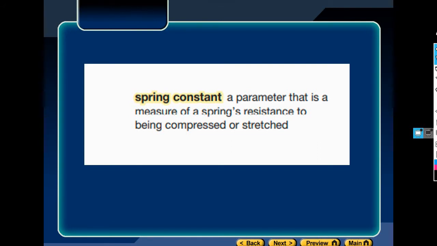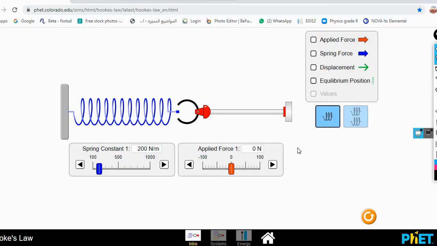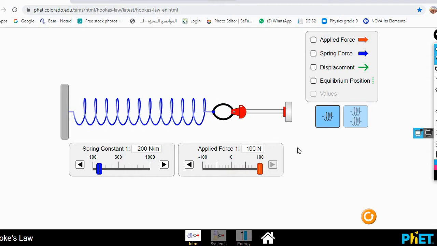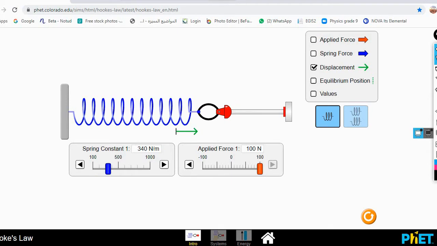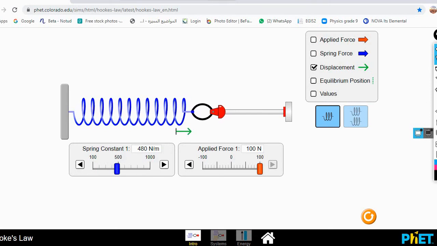Look over this simulation, guys. That is a spring, here is the spring constant, and that is the applied force. Look, when I make the applied force like that, that is the distance of the stretch. Now when I increase the spring constant, look: the applied force and the distance will be lower. Why? Because now this spring becomes stronger.